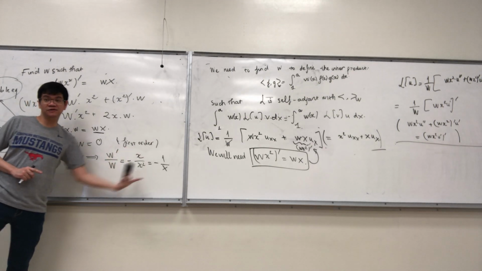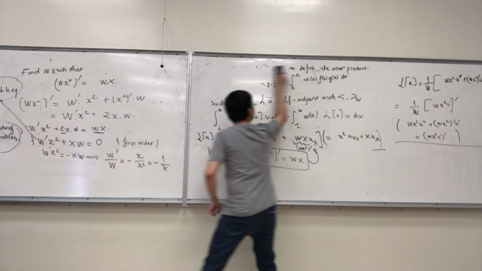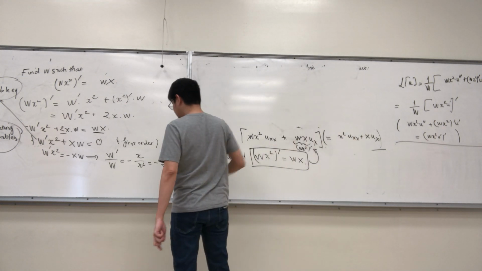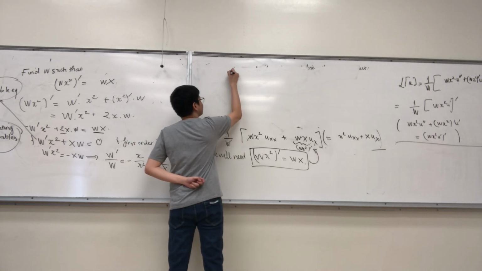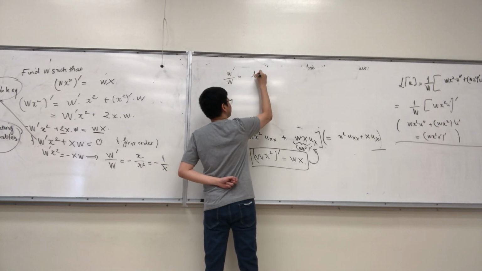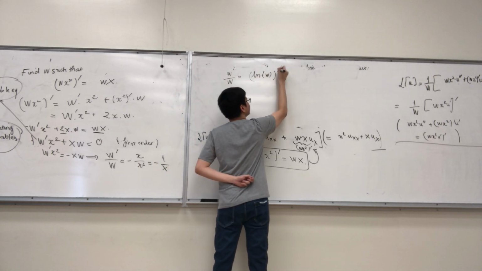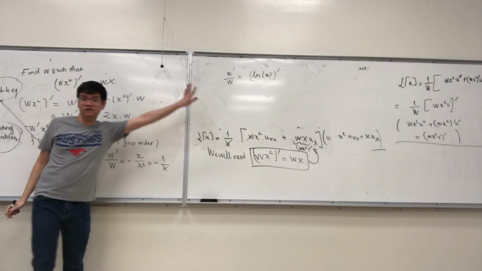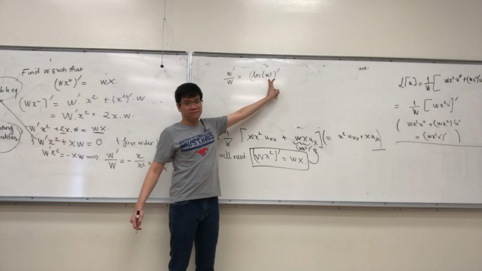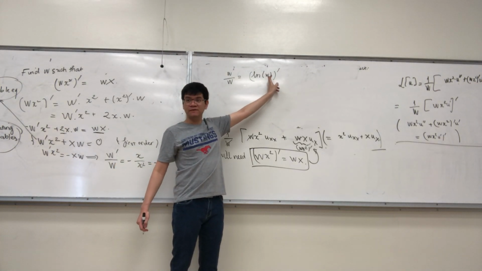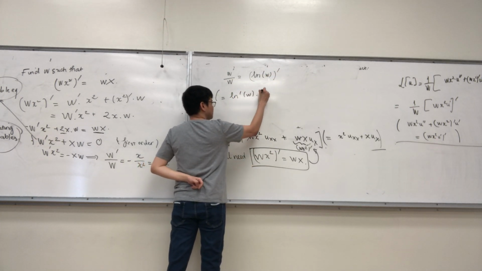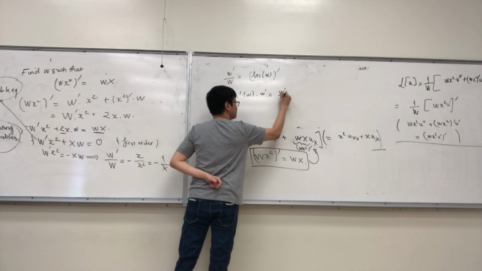So this is something that we encountered in the previous class, right? We know that w' over w is the derivative of log of w, which is again log prime of w times w', and this is w' over w.